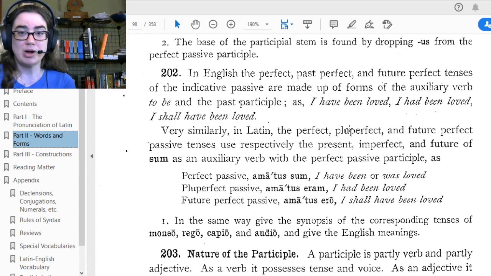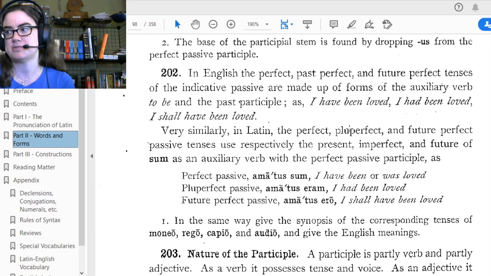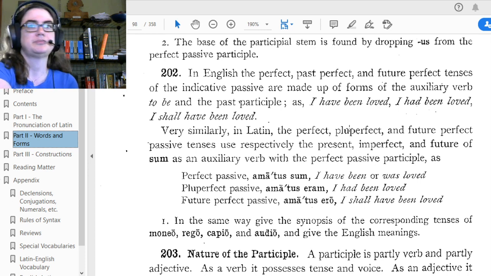But form-wise, you know the forms of sum, you know the forms of eram, you know the forms of ero. You just need to know that those work with the fourth principal part for the perfect passive system. Every other verb in Latin does not use a helping verb.